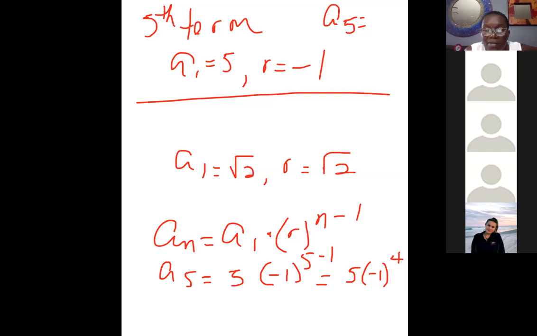Is that a positive or is that a negative? That's a positive, guys. So the answer, yes, is 5. Okay? Not the negative. So why didn't this one work out for you guys? It's because you didn't put the parentheses around the -1. So you have to make sure you put the parentheses around the -1. All right. Next, you guys try this one right here, okay?